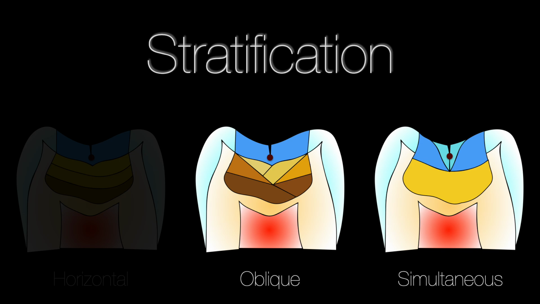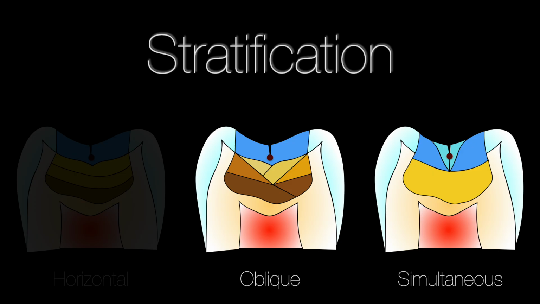The oblique is the first one we used at the beginning of the development of composite, where we did small oblique layers to avoid touching too many walls. But now we do more of the simultaneous one, which is the one we do with the bulk fill.